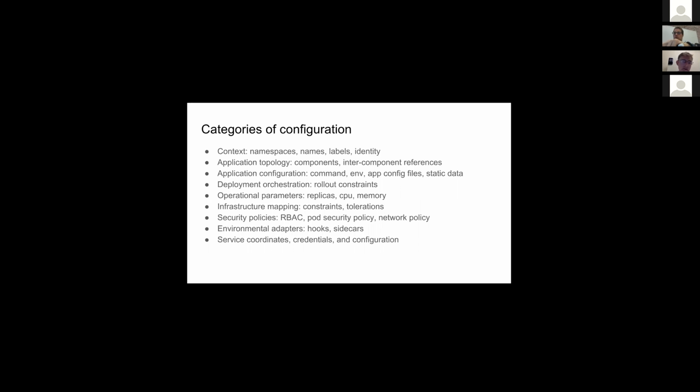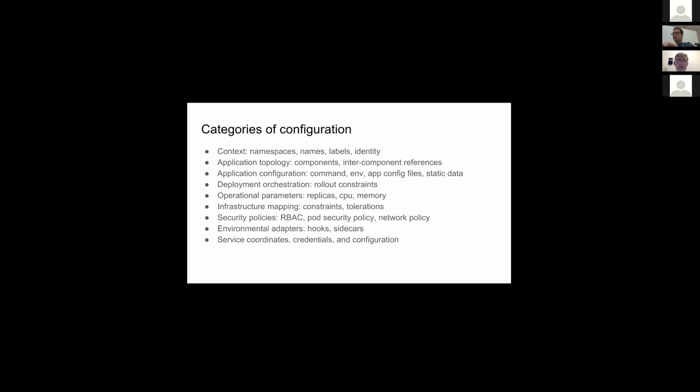And one of the big reasons why parameterization breaks down at scale is because there are lots of different kinds of configuration that people want to provide at different times. So parameterization ends up also being not very composable and not very robust when people want to make these additional changes.